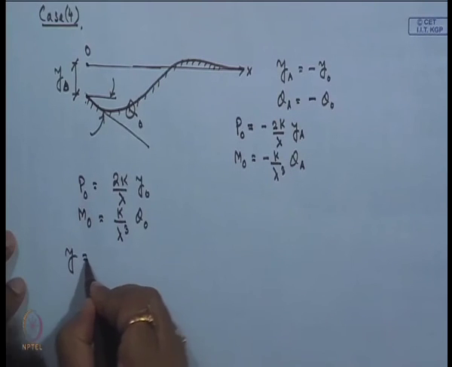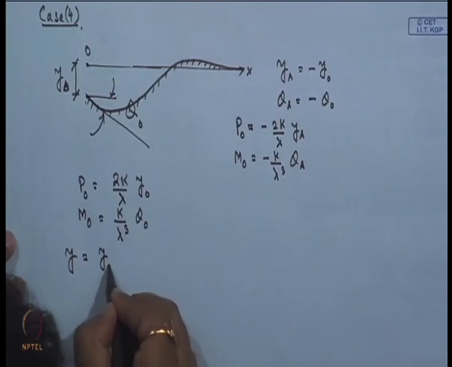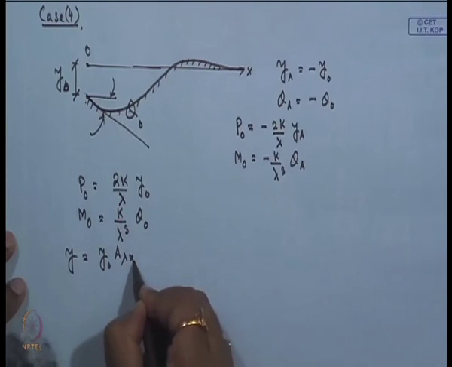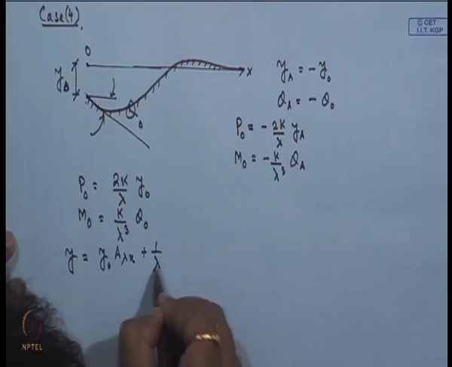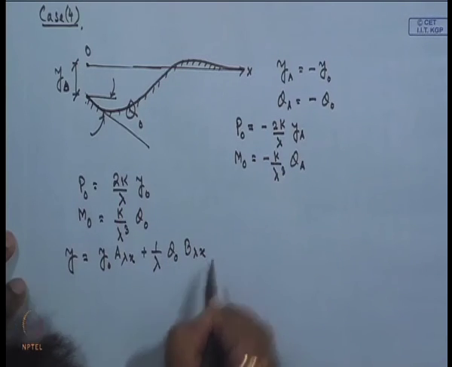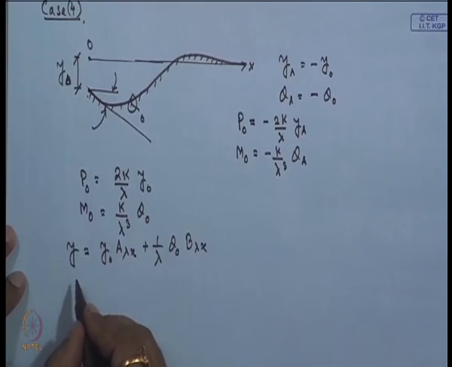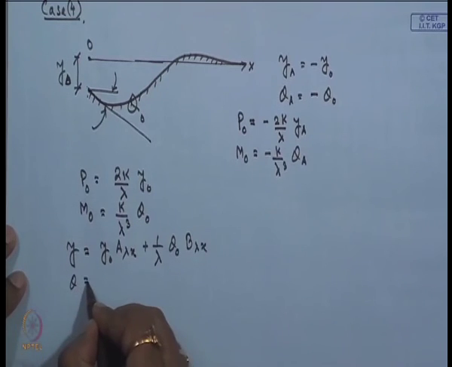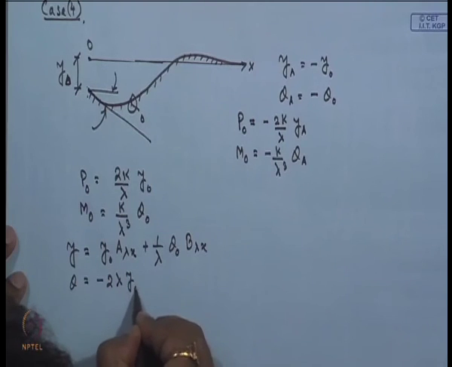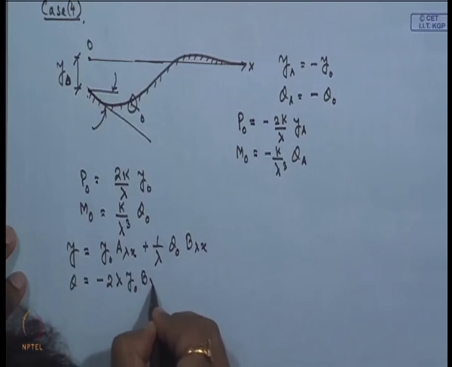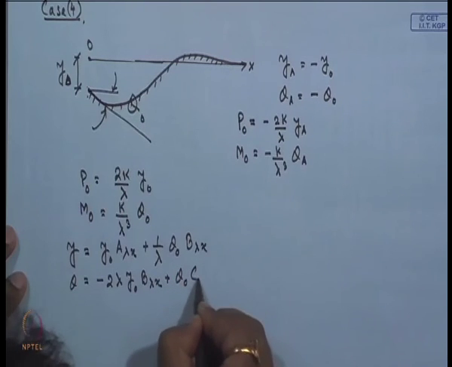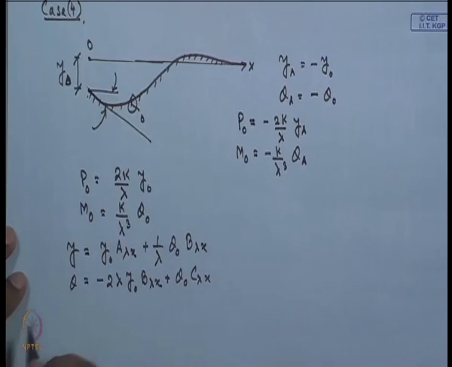Finally, if I put the contribution of these two, the final form of the expression after simplifying will be y equal to y 0 into a lambda x plus 1 by lambda theta 0 b lambda x. Theta is equal to minus 2 lambda y 0 b lambda x plus theta 0 c lambda x.